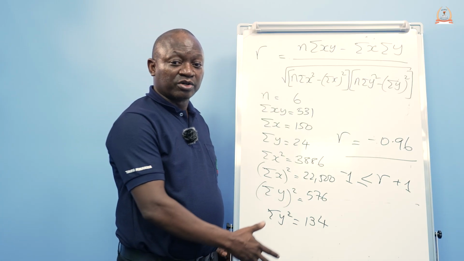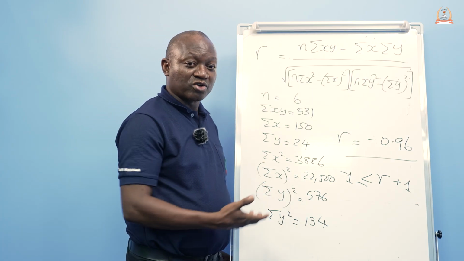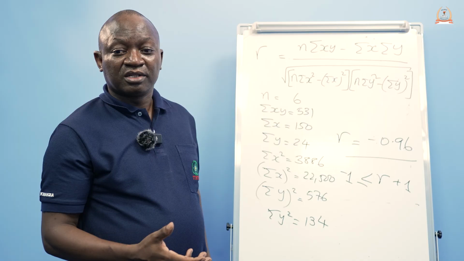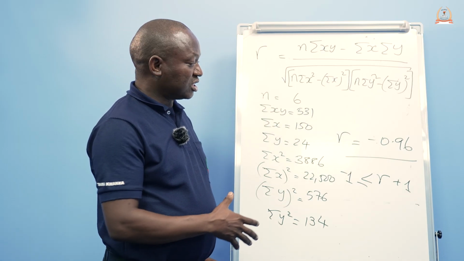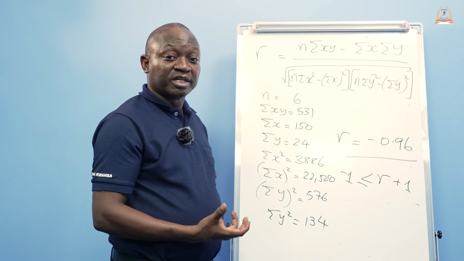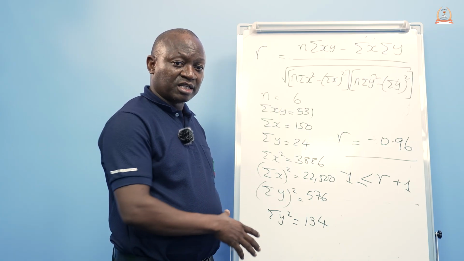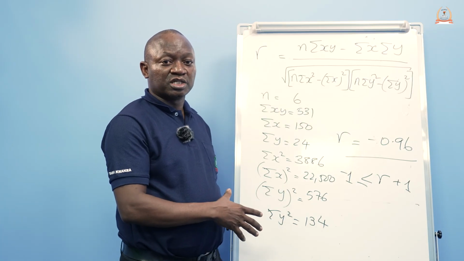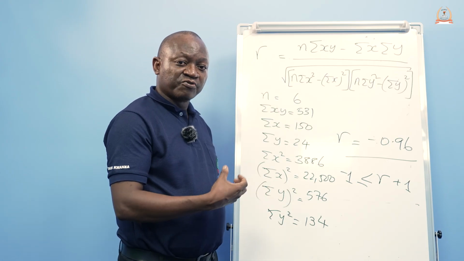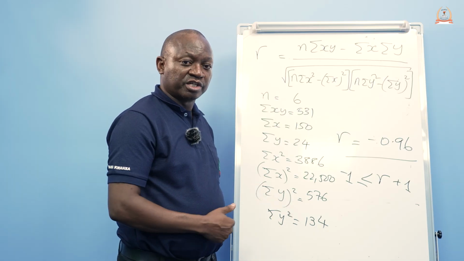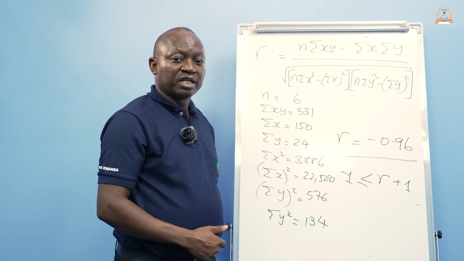And therefore, understanding the correlation concept helps somebody studying relationships to use real world data to assess the relationship between variables, if at all it exists, but also to make an informed decision based on the data.